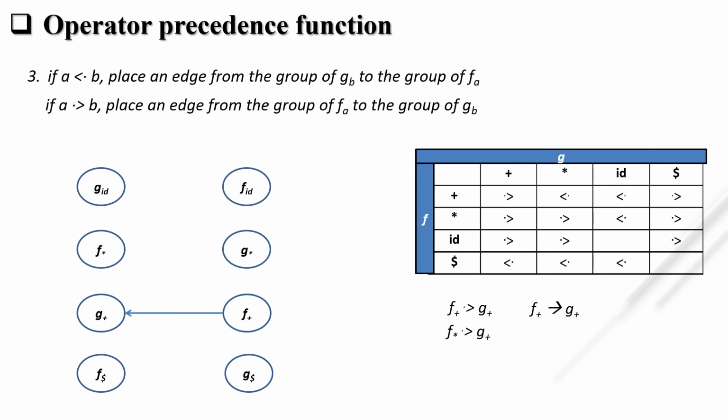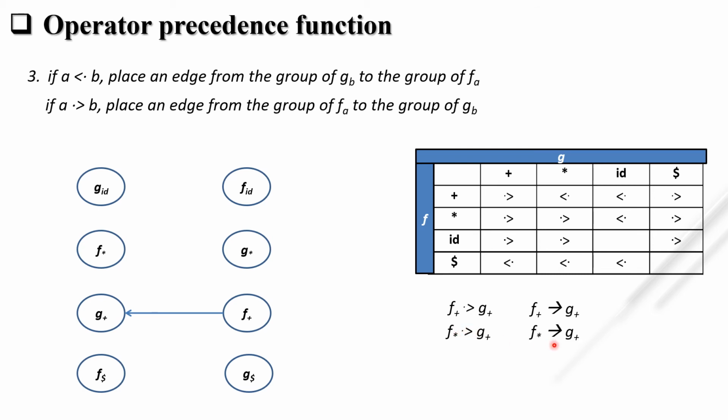So what is next? F of star and g of plus. We are considering first this whole column. We already completed f of plus and g of plus. Now we go to f of star and g of plus. What is the symbol? Greater than symbol towards f function. So we simply go from f of star to g of plus, considering this arrow.